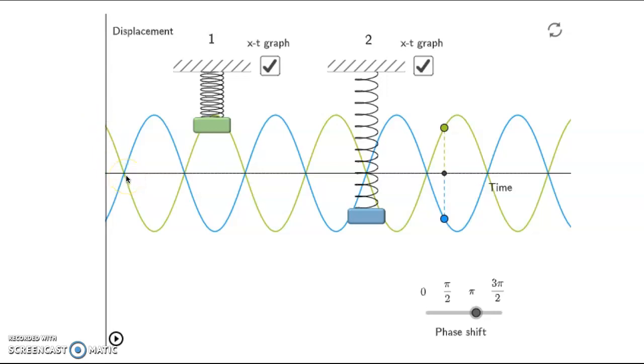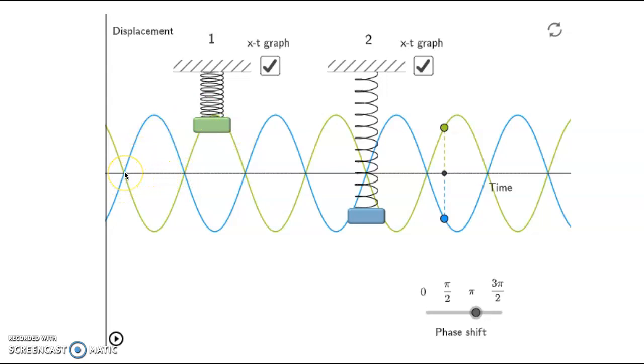We're interested in the difference in path. What is the distance between this blue one that's coming up and the green one when it does exactly the same thing? So that would be here. The green one is now coming up and doing exactly the same thing. So we need to look at this distance.